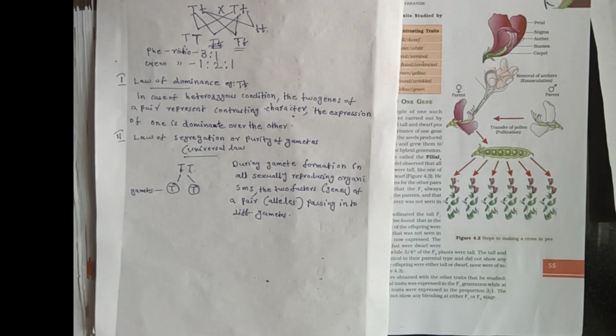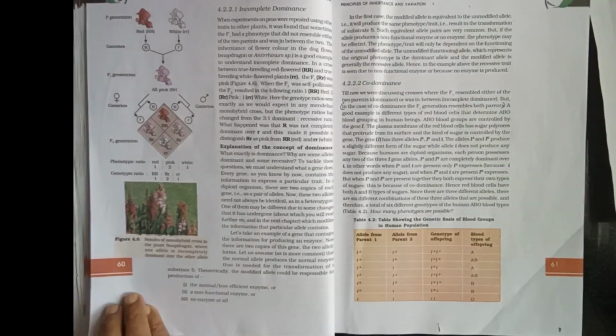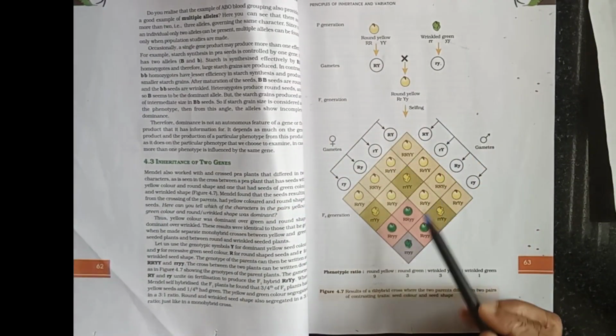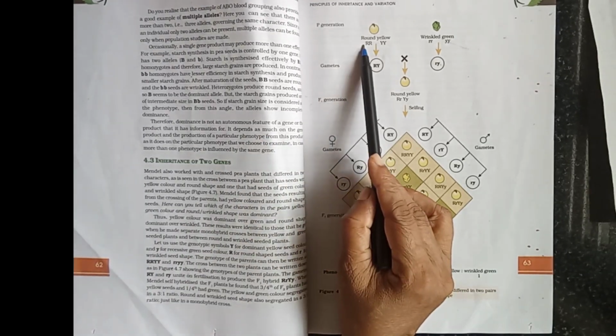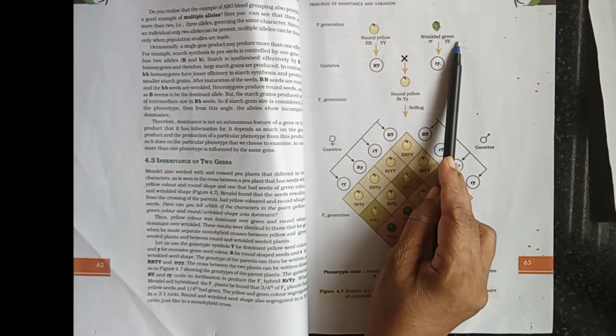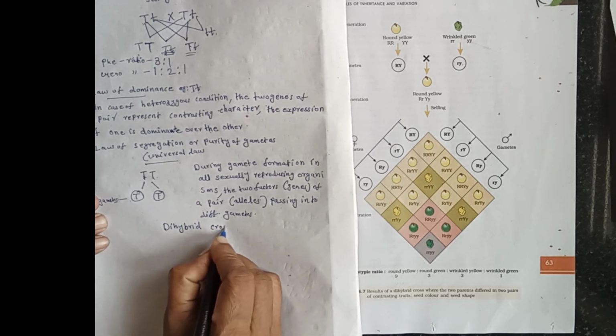Next topic, dihybrid cross. If we take two contrasting characters for a test, such a test is known as a dihybrid cross. In our textbook, this is the picture of a dihybrid cross.